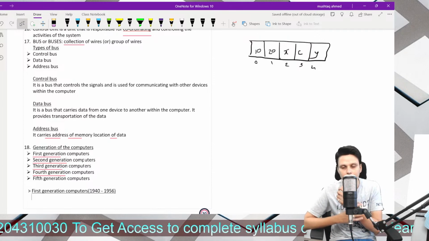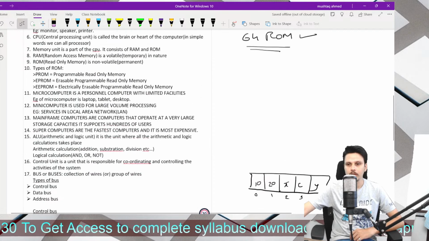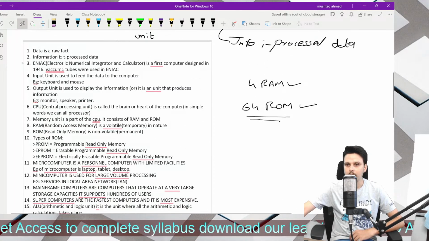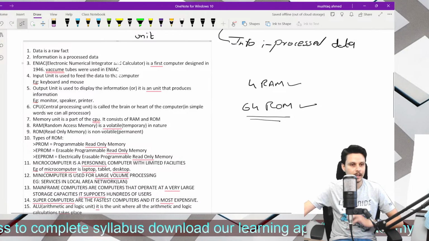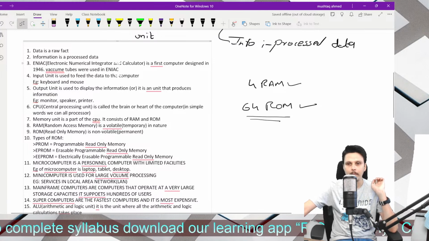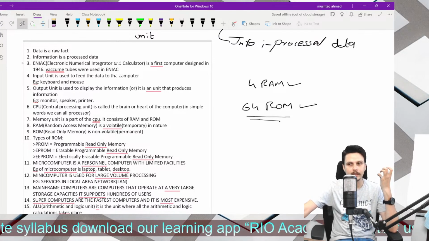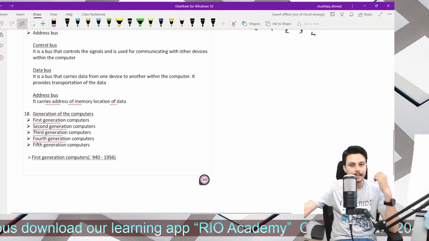In first generation computers, what is used? Vacuum tubes were used. Here I say vacuum tubes were used in Eniac. Eniac is the machine. It is the first computer design. But the generation started in 1940.